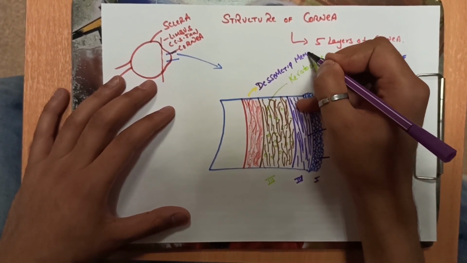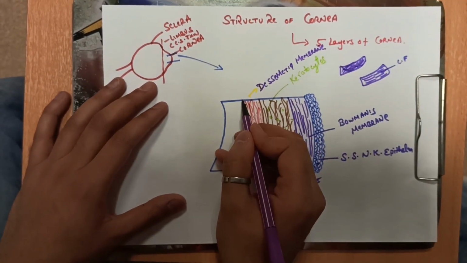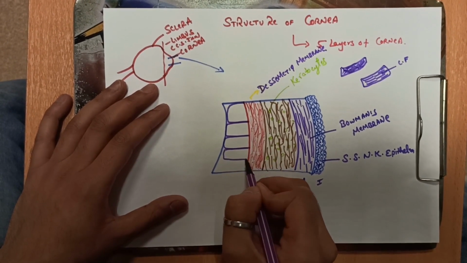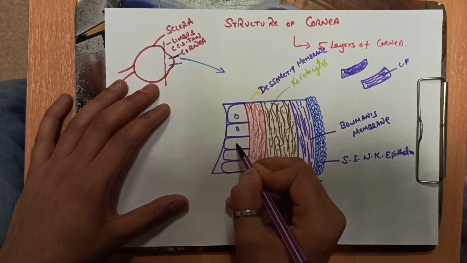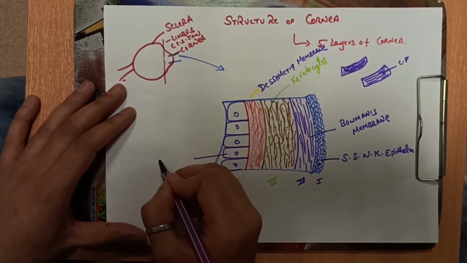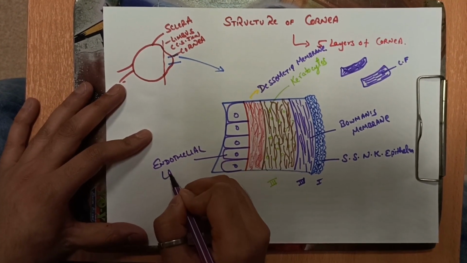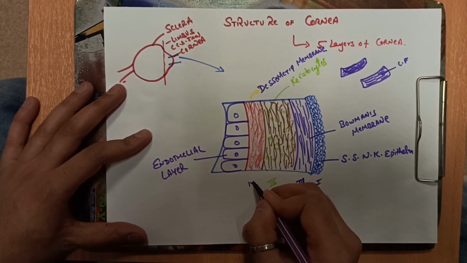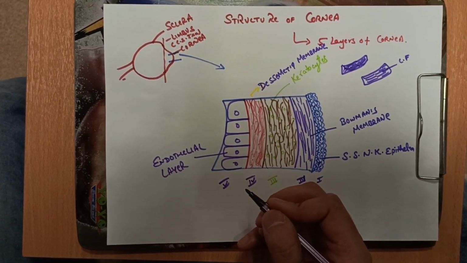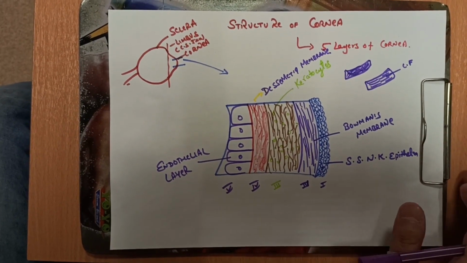Descemet's membrane. The last and the most important layer, this is the epithelial layer, and this is the endothelial layer. So guys, these were the 5 layers of cornea, and now I'll be explaining what the main points present in this are.